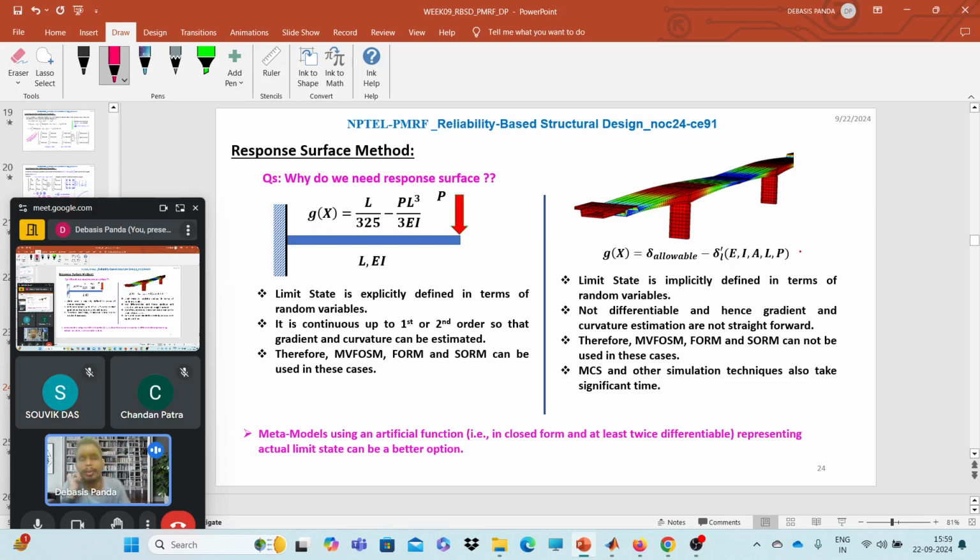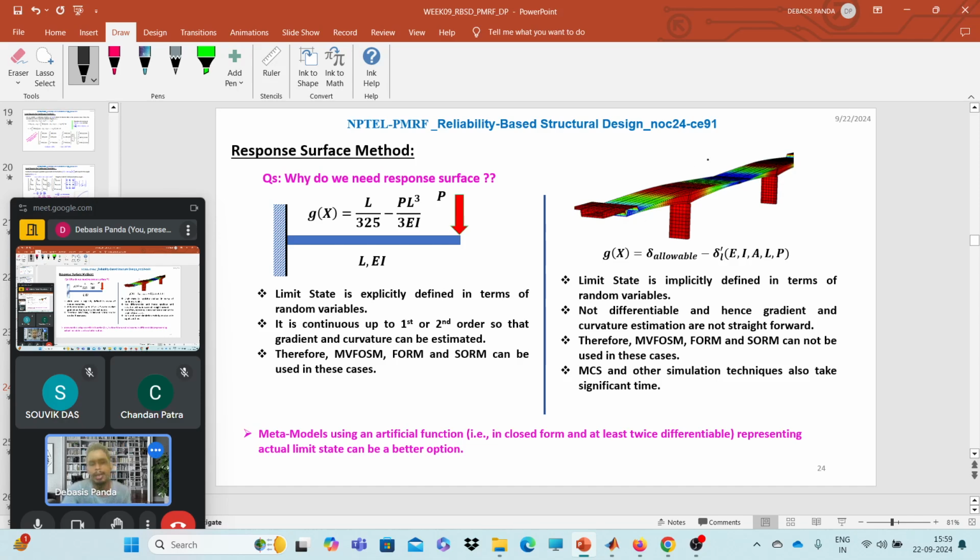Because if we don't have gx with respect to the basic variables, we can't find the gradients or the derivatives of the limit state function, right? So we need to first formulate one response surface or a meta model, which will be the nearest replica of the limit state function.